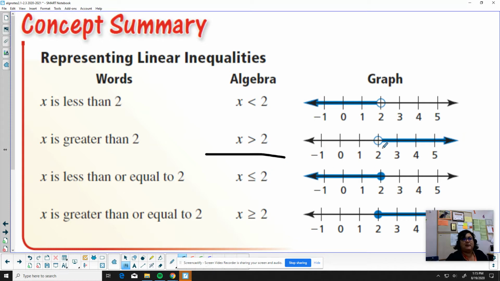And then I hope you see a pattern that the two that don't have the equal sign are open, and the two that do have the equal sign are called closed circles, where you just color them in. And then the shading is the same. Less than, you shade to the left, or where the numbers are smaller than the number, and greater than, you shade to the right, where the numbers are larger than the number.